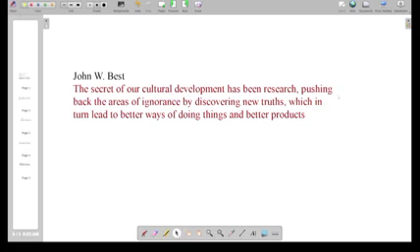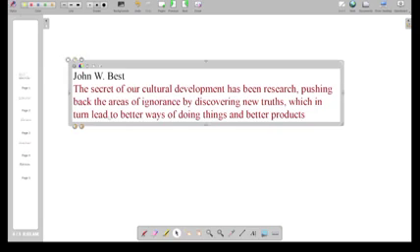So research continues to push back our areas of ignorance as we uncover new places, new areas, and as we move the frontier of knowledge ahead. By discovering new truth, we discover new truth, which in turn leads to better ways of doing things.